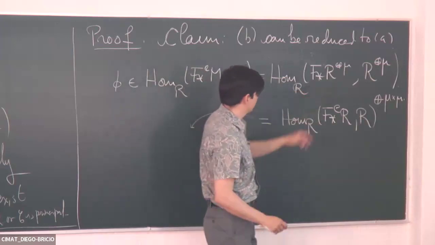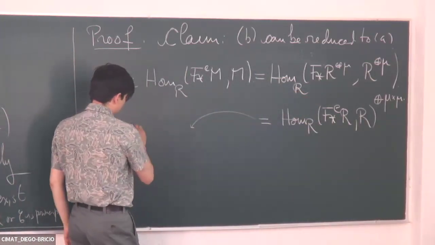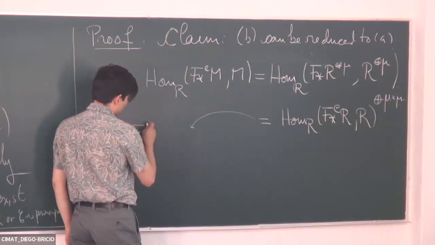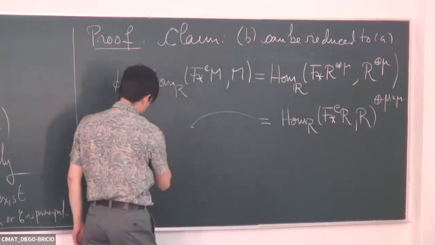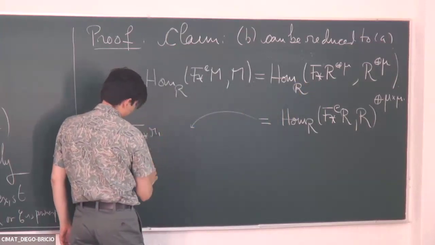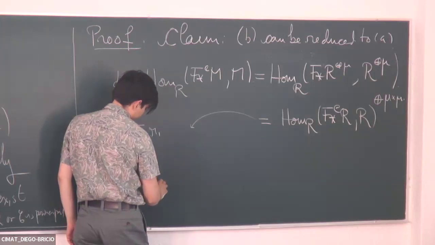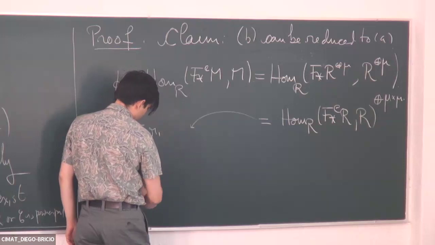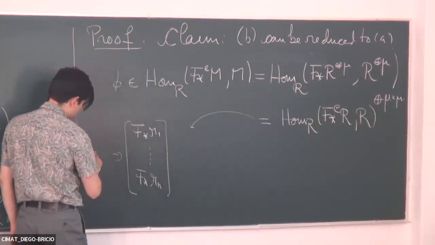An element here is going to look like a vector. So let's write it down as a column vector of elements like this. That's what an element in here looks like.